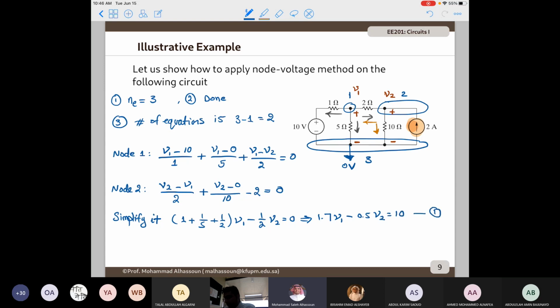So this is the first equation. The second equation is going to be minus 1 over 2 V1 plus 1 over 2 plus 1 over 10, V2 equals 2.